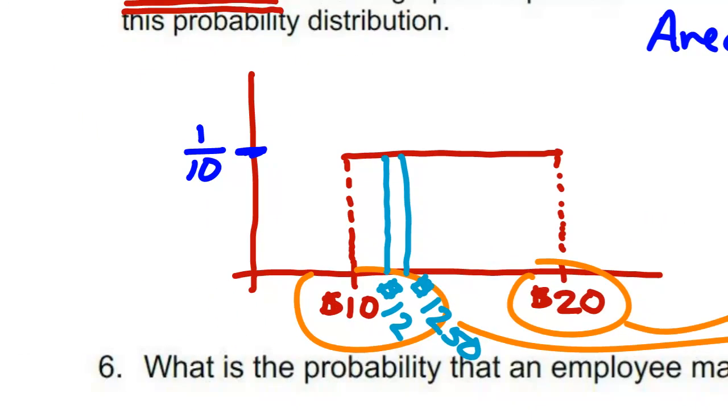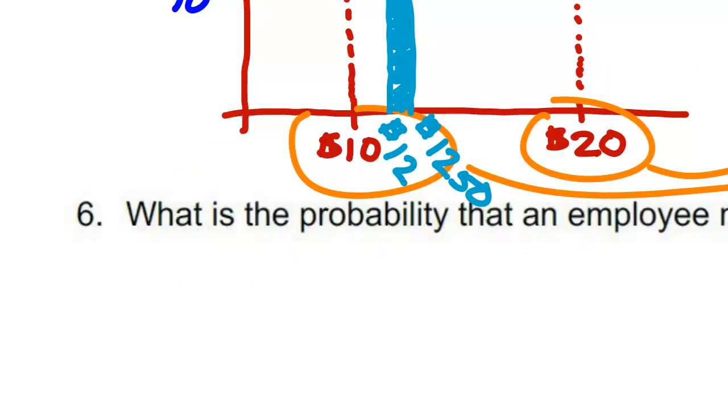Here's $12.50. To find the probability, I want to find the area of that rectangle right there.